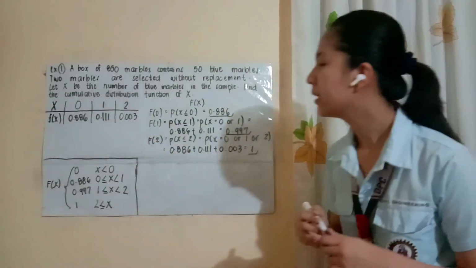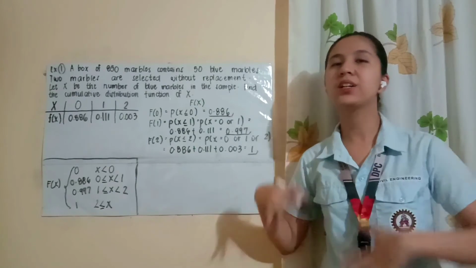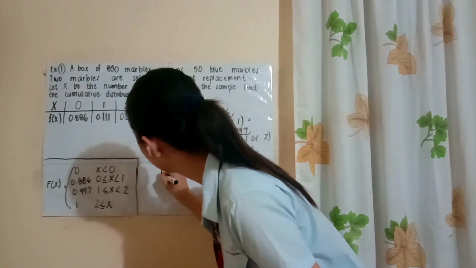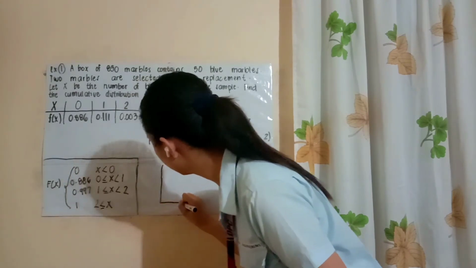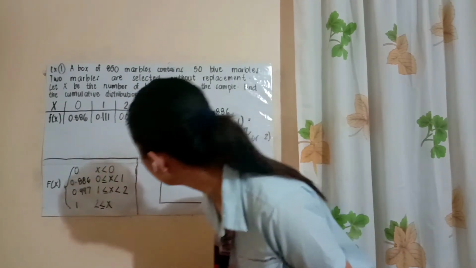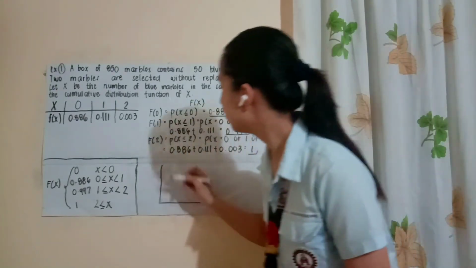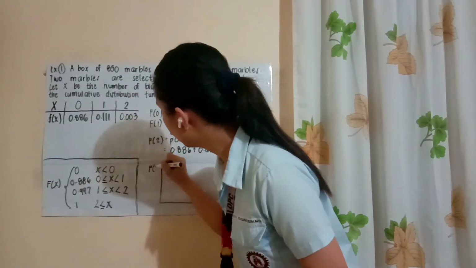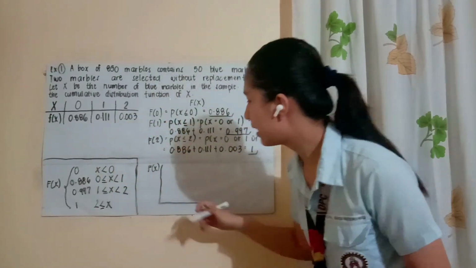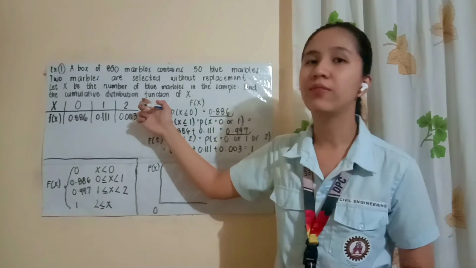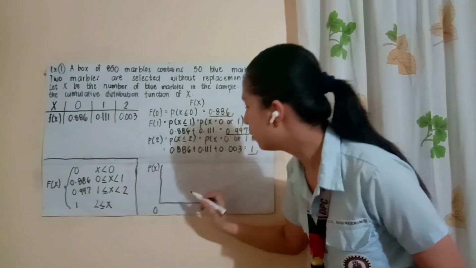And then, for the next step, i-graph na natin siya. So, gawa lang tayo dito ng line. And then, isusulat na natin yung mga answer natin. We have f of x, and then start tayo kay 0. Ano ba yung mga values ni random variable natin? We have 0, 1, and 2.